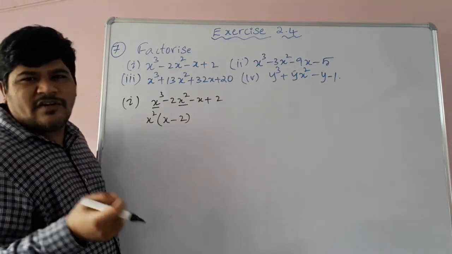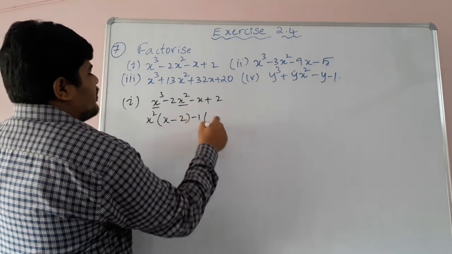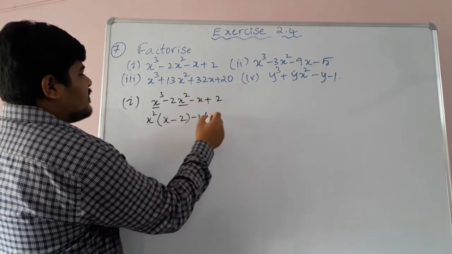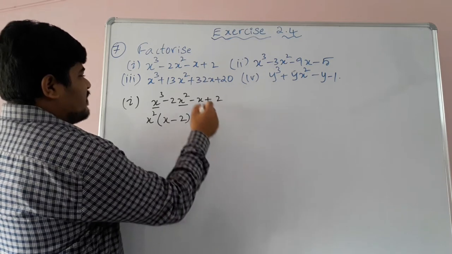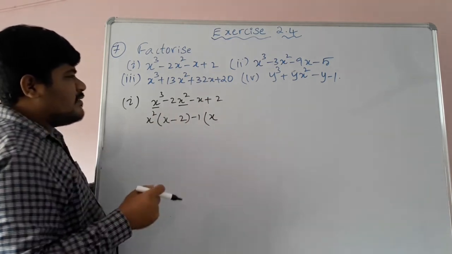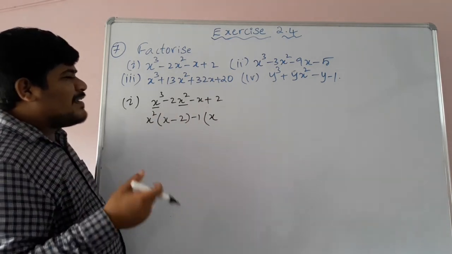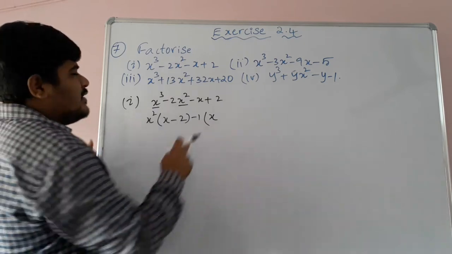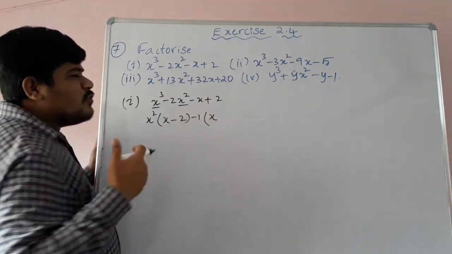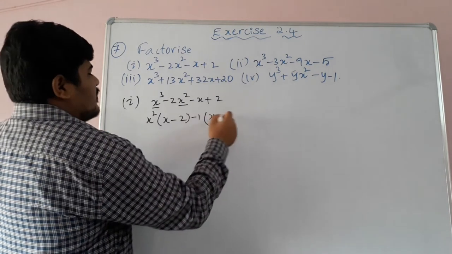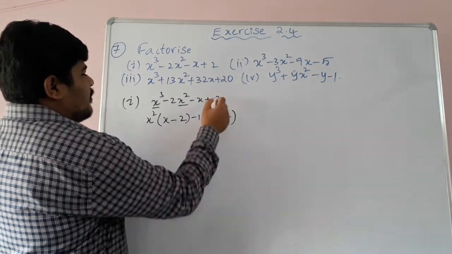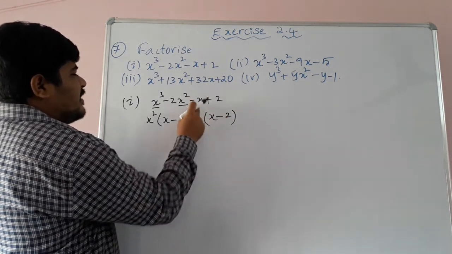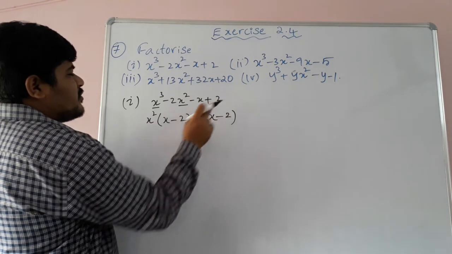From this you can take minus 1 common, right? Minus 1 into plus x is minus x, and minus 1 into minus 2 is plus 2.